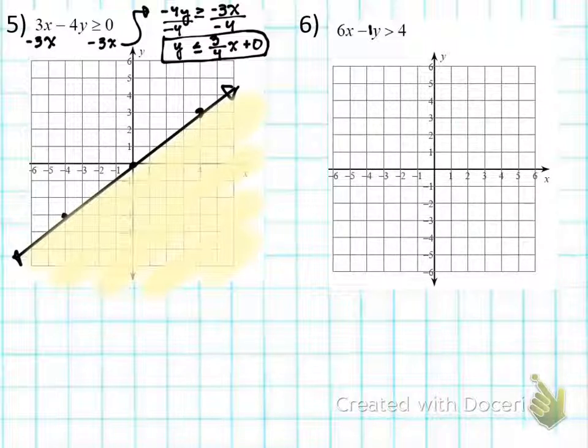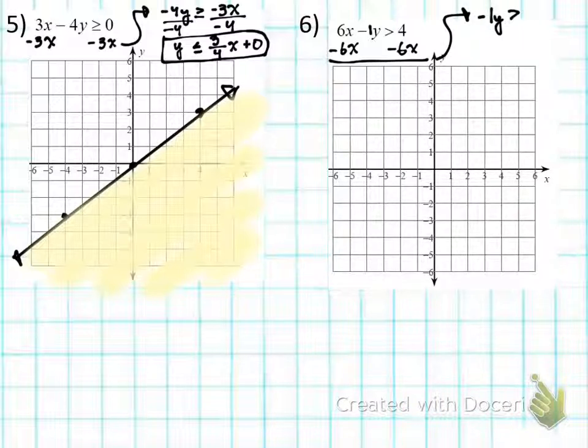Go. How do we solve this first? On number 6. What do I want to do first? We're subtracting 6x from both sides, right? So now we have negative 1y is greater than negative 6x plus 4.